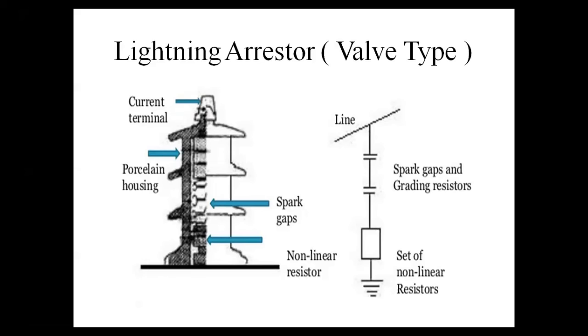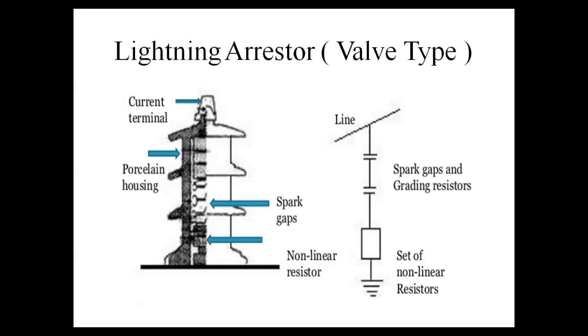The spacing is such that it will withstand the normal circuit voltage and will not conduct. However, an overvoltage will cause the gap to break down, causing the surge current to flow to the ground via the non-linear resistor. So this is how a spark gap works.